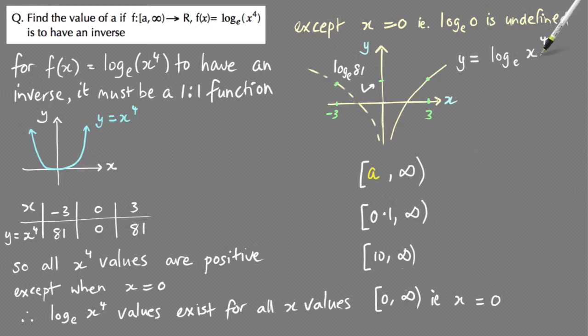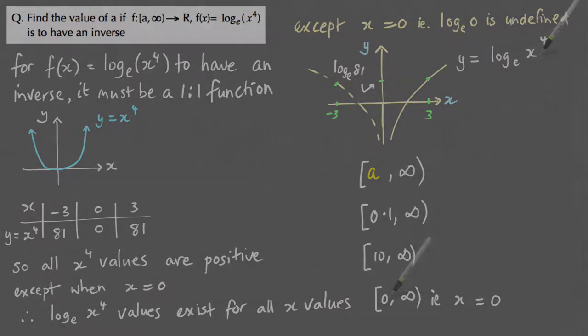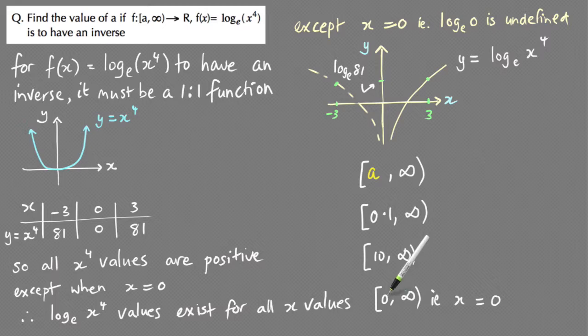That's because you can't have log e of 0. So a is not equal to 0, but it can be any other positive number. In other words, a is just going to be greater than 0. And that is the answer to this question.